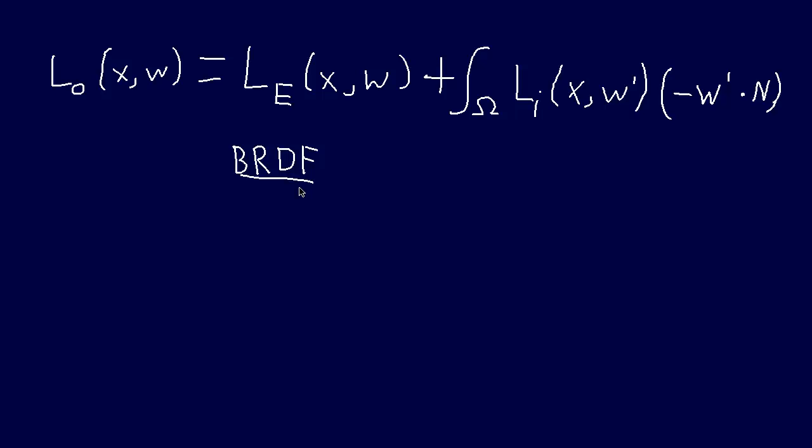The bidirectional reflectance distribution function is essentially just how a surface reflects light. It's sort of a catch-all term for that. For example, maybe the surface reflects certain frequencies better than others. That creates a phenomenon we know as color. So color is part of the BRDF, part of how a surface reflects light. Another thing is that some surfaces are more reflective than others. Some surfaces are very shiny, other surfaces are not.